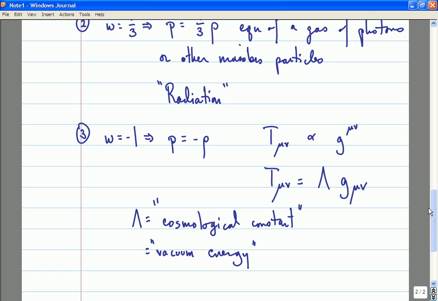Cold dark matter just refers to the equation of state of the dark matter, and lambda refers to the cosmological constant. We'll discuss that in great detail when we come to cosmology, later on in the course. So it's not an accident that I've introduced these three types of matter. All three of them appear as actual source terms in the equations of motion of our universe.